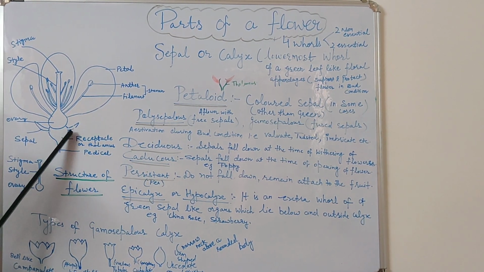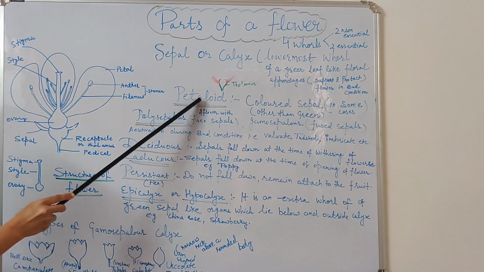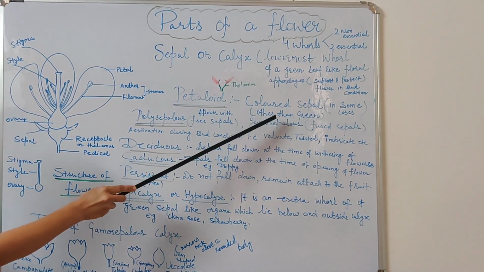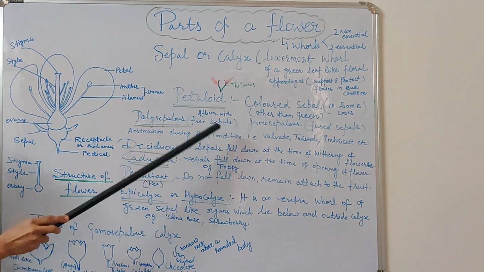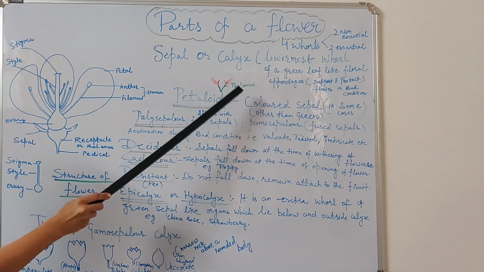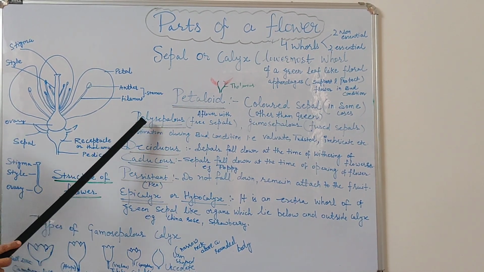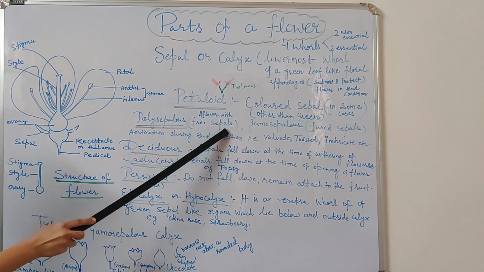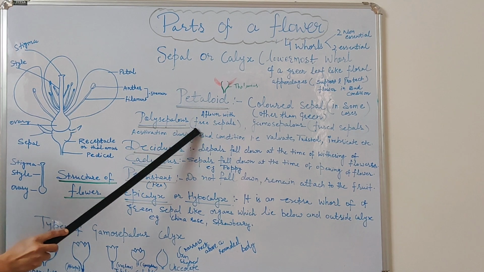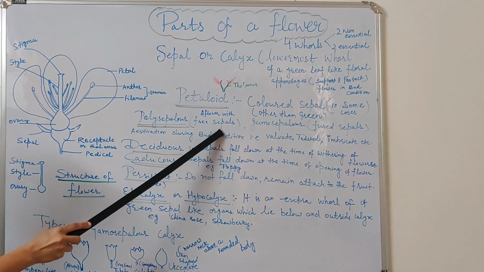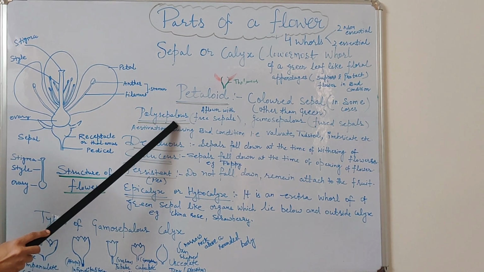And sepals are called petaloid when they are colored other than green. In most cases it is green, but sometimes it is colored. So a colored sepal is called petaloid. A flower with free sepals, meaning many sepals are there but they are free, not fused, we call polysepalous.